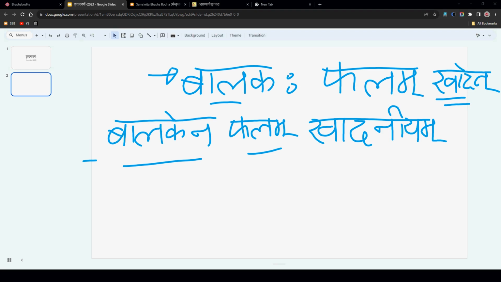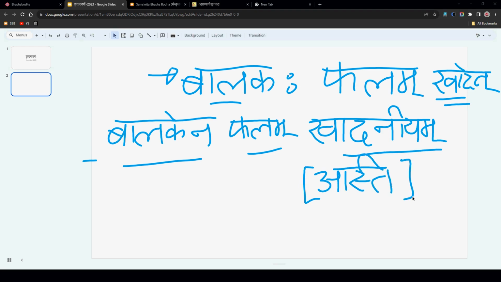By the boy, the fruit should be eaten. Khaditavyam or khadaniyam, should be eaten. Here you can assume asti as the kriyapadam. By a boy, fruit needs to be eaten.